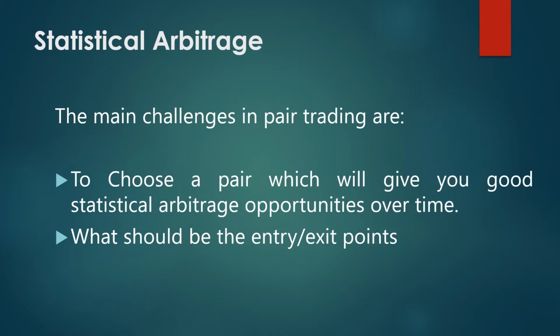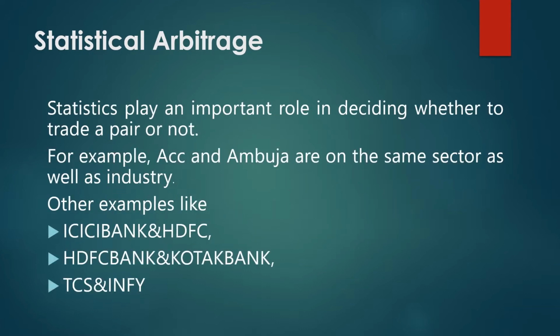The main challenges in pair trading are to choose a pair which will give you good statistical arbitrage opportunities over time. Second, we need to know what the entry or exit points should be. In statistical arbitrage, statistics plays an important role in deciding whether to trade a pair or not, which is usually selected from the sample stock basket.